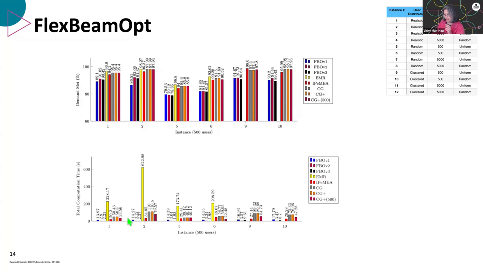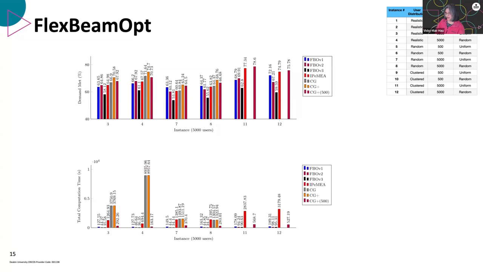But every algorithm has its good and bad sides. For example, FBO3 is the one that gives us, most of the time, not very good percentage demand met, particularly if you look at the 5,000 user cases, but it is the fastest. Even for the most difficult problem, it's taking less than 100 seconds.